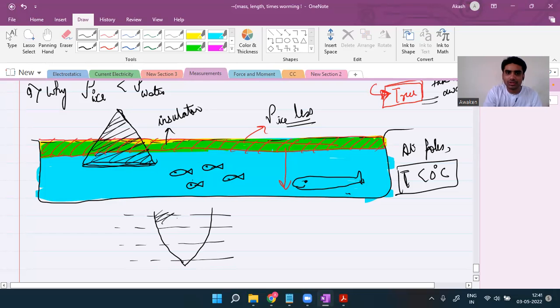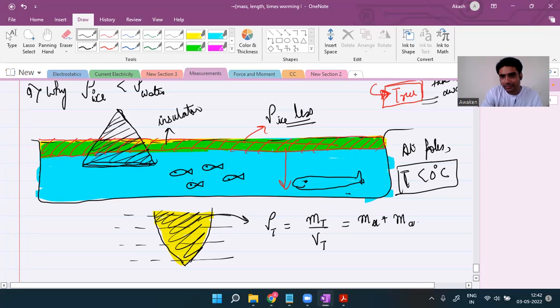Now this submerged portion, the overall density of this entire yellow thing: the total density is the total mass by the total volume, right? It is the mass of the aluminium plus the mass of air, divided by the total volume.